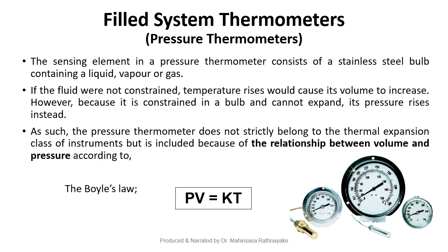Then volume is constant. Then with the change of the temperature, pressure changes. So either way, we can obtain a temperature scale proportionate to the pressure change or the volume change, and accordingly we can have the temperature indicator or the thermometer based on the pressure thermometer concept.